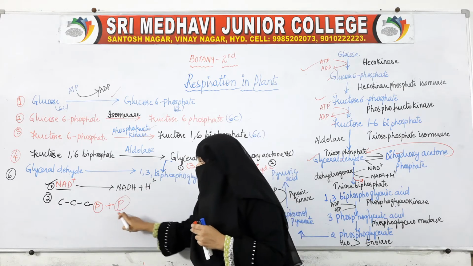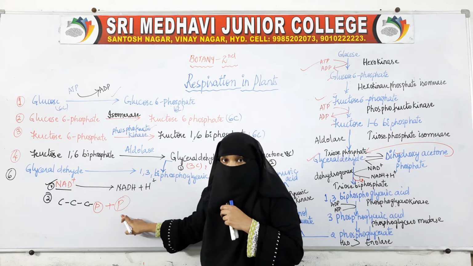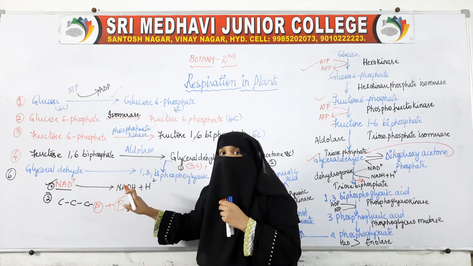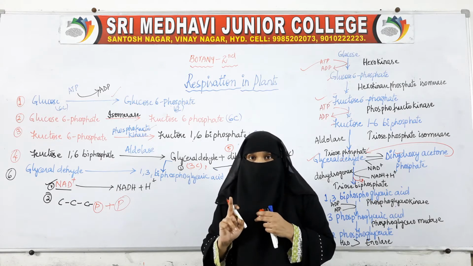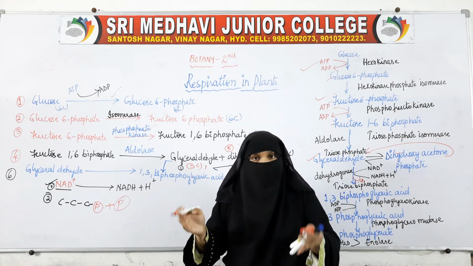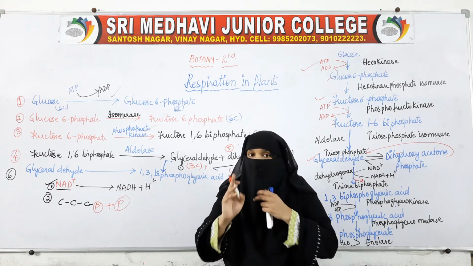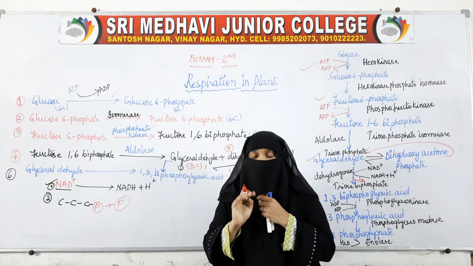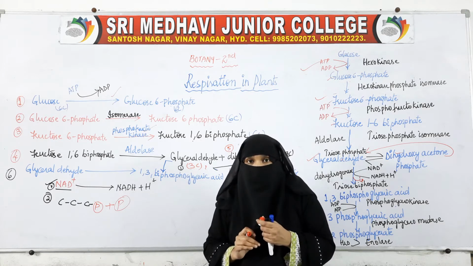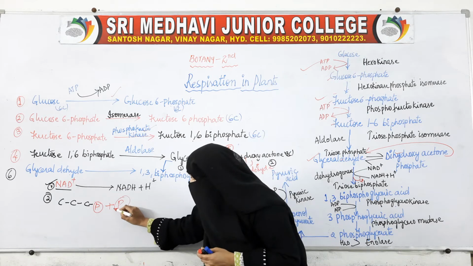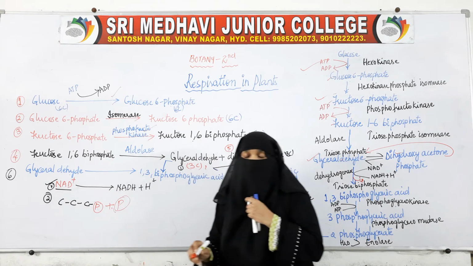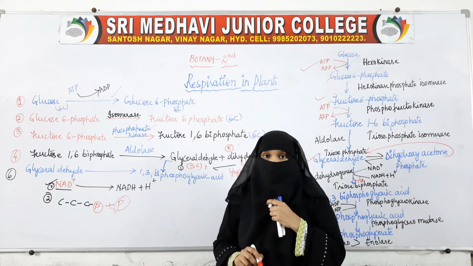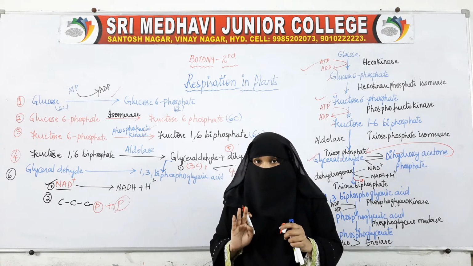Now, in this reaction also we are taking phosphate, but we are not taking this phosphate from ATP. Inorganic phosphate will be present inside the cell, in the cytoplasm, and this inorganic phosphate has been used. ATP has not been used.